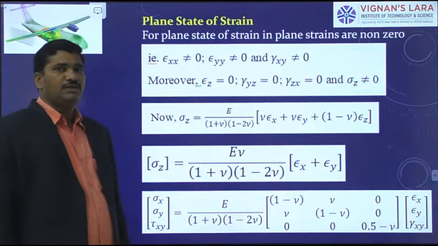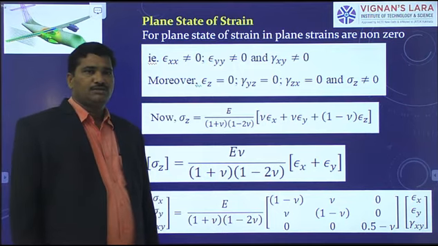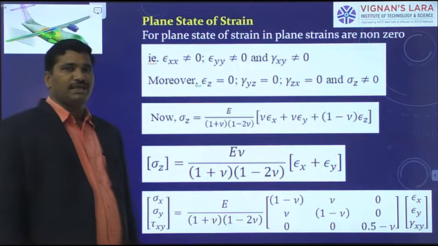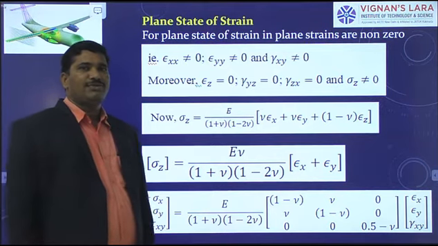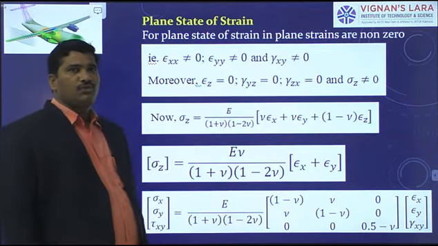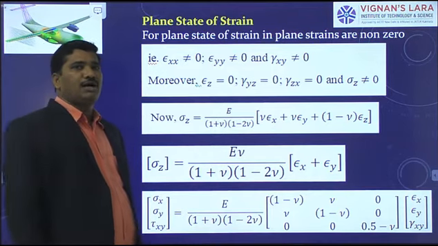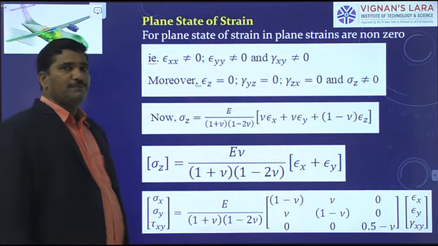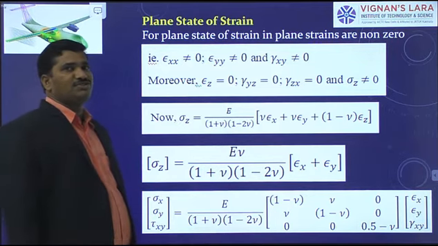Now we shall see the plane strain case, or two-dimensional state of strain, or plane state of strain. For plane state of strain, in-plane strains are non-zero. Now we shall see what the in-plane strains are.